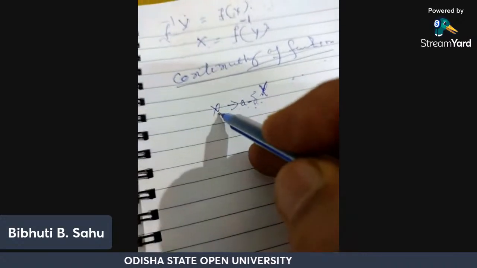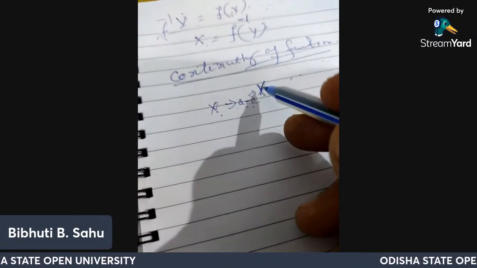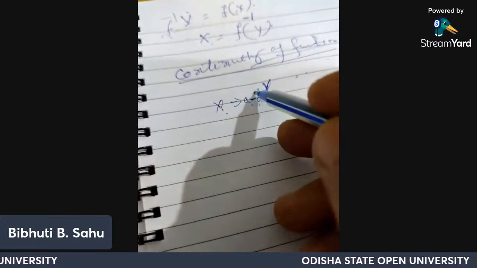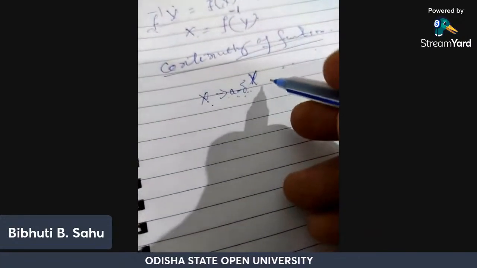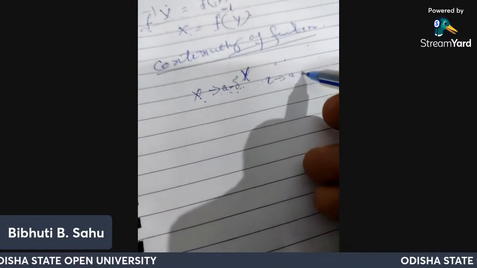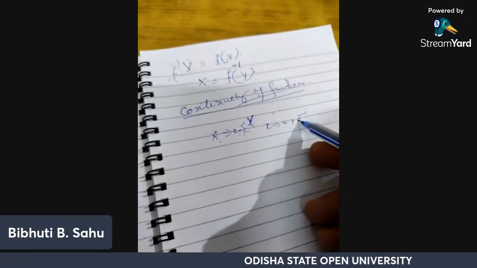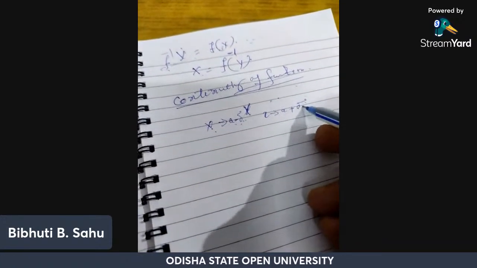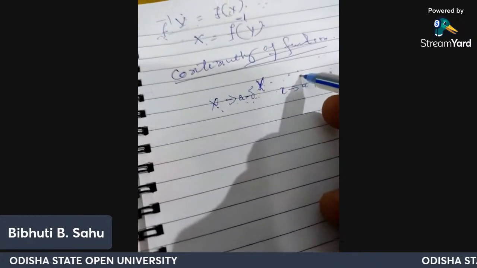When we take the value of x as a minus some delta value, that implies we have some value towards the left. When we take x tends to a plus some delta value, but delta is very negligible, then it gives us a certain value towards the right.